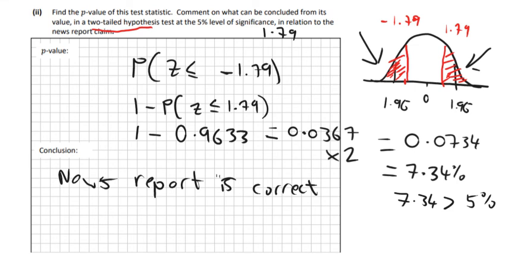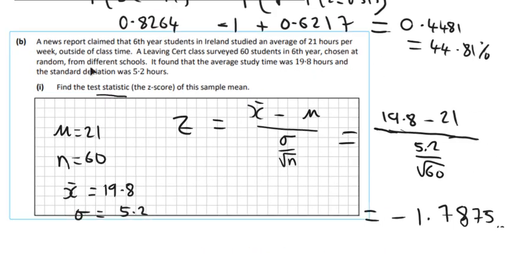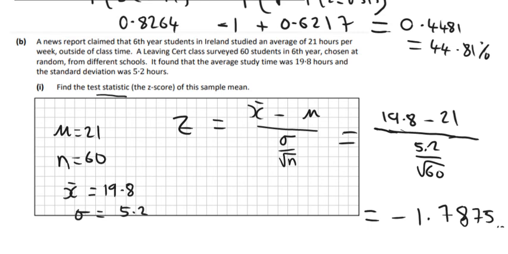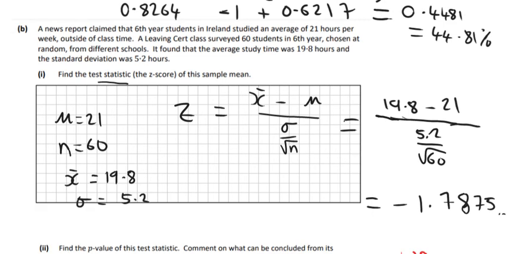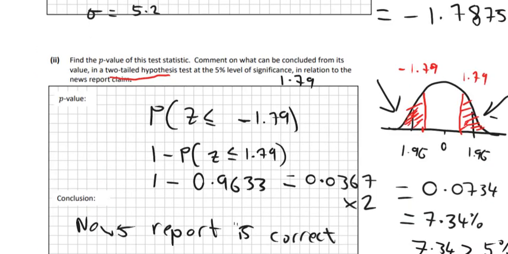And you will have to write a little bit more than that in the exam. So you'd have to say that the news report that claimed that 6th-year students in Ireland studied an average of 21 hours per week outside of class time is correct, that there's not enough evidence to reject the claim, based on our test statistic.